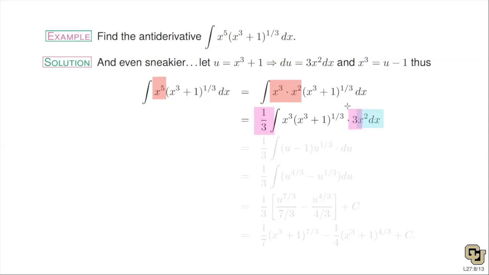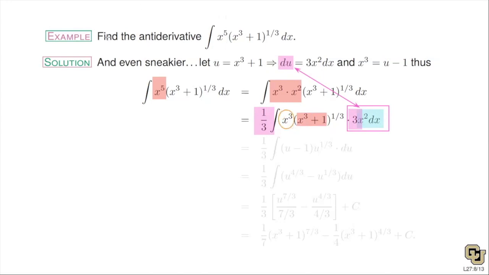Now this entire term looks like my du. And I replace the x cubed plus 1. This x cubed plus 1 will get replaced with u. And the x cubed, I'm going to replace with u minus 1.